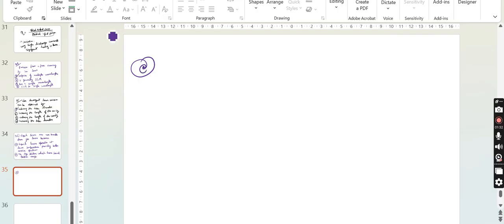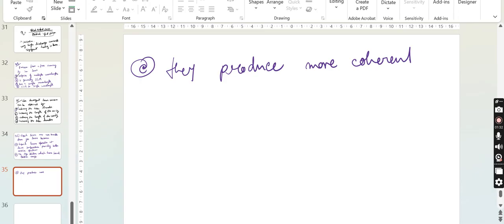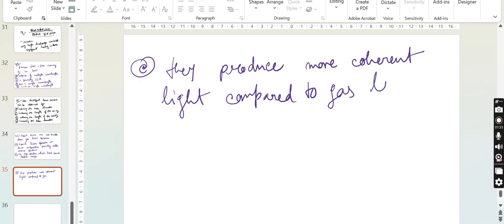C, they produce more coherent light compared to gas lasers.